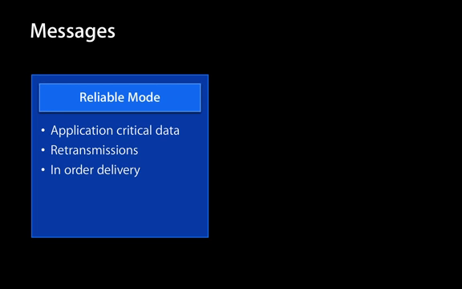The first one is the reliable mode, and you'll want to use the reliable mode for application-critical data. If you send a message in the reliable mode and something happens to the message along the way, for instance, if it gets dropped, the framework will retransmit the message for you. Also, if you send multiple messages in a row, the framework will make sure that the recipient of the message will get them in order.